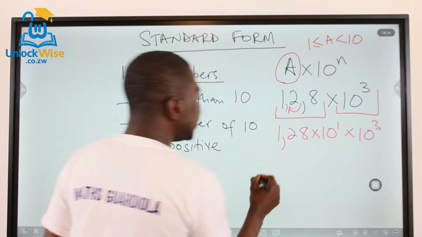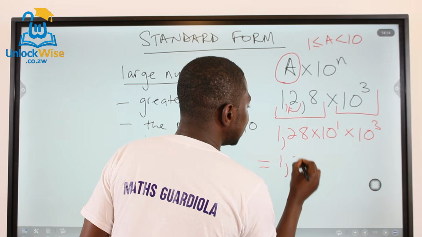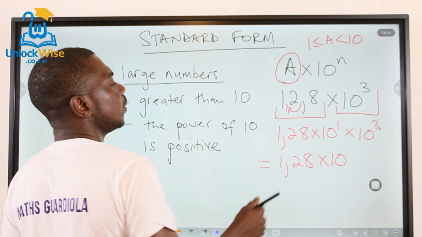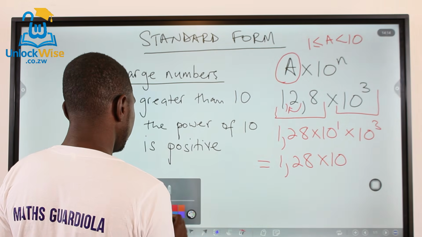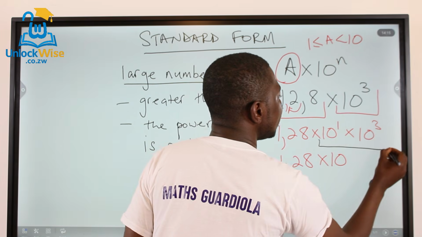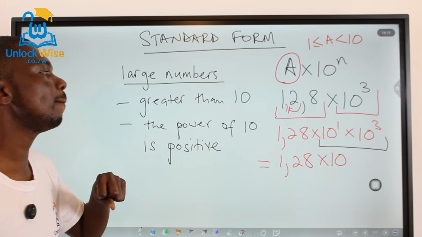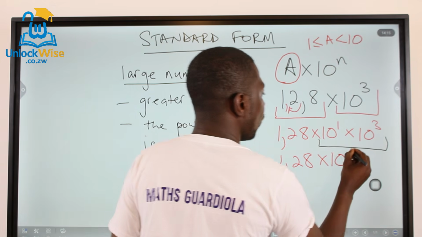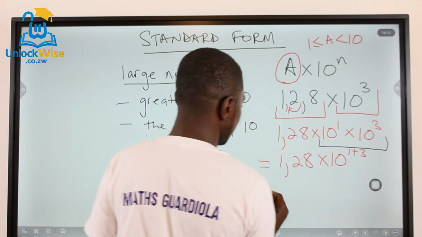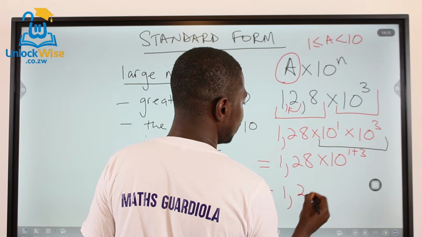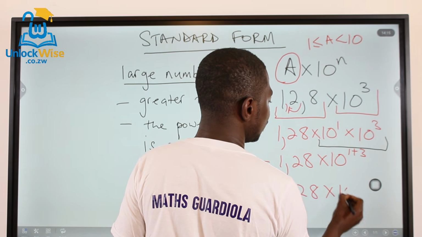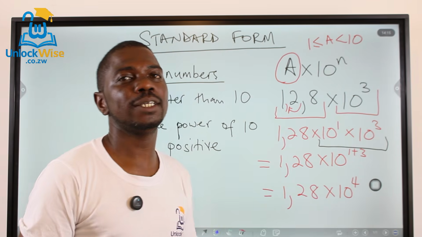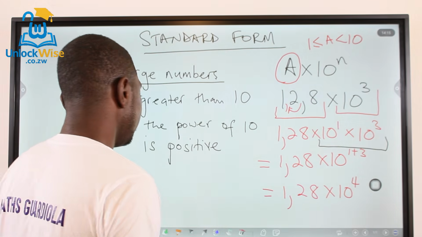And according to laws of indices, when we have the same base, and we are multiplying, we will add the powers, which now means that we are going to have 1 plus 3, which will give us 1,28 times 10 to the power 4. So this is how we express numbers in standard form, right?